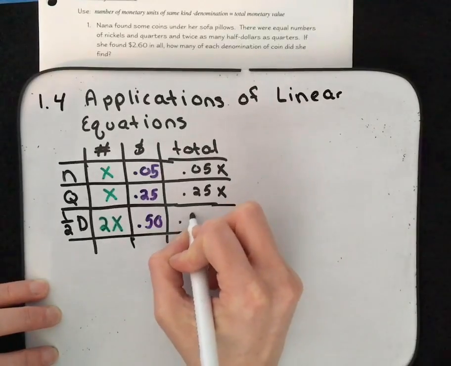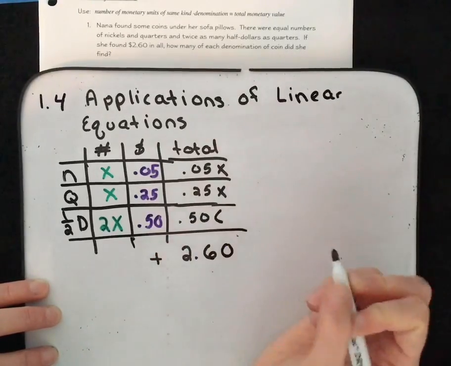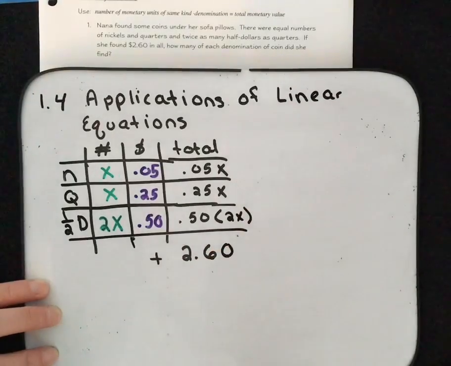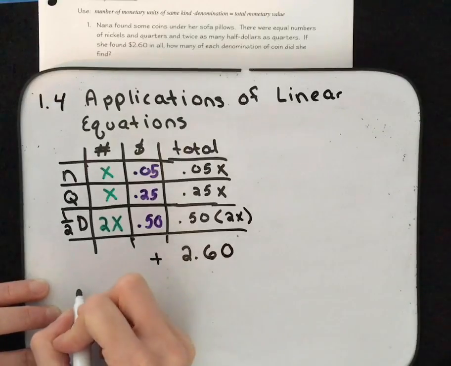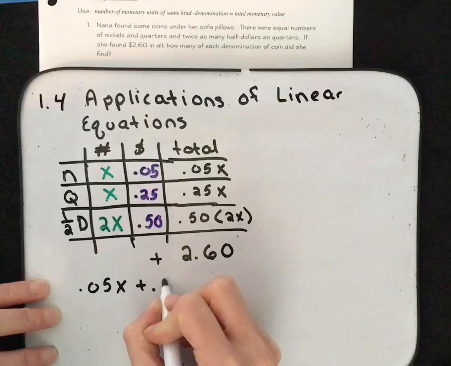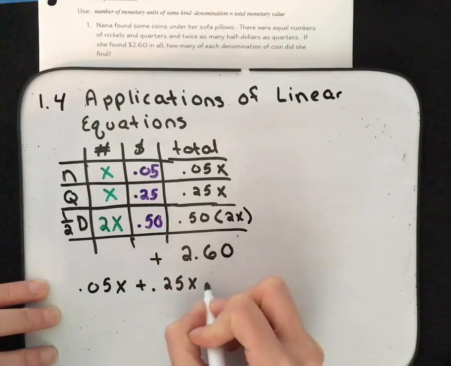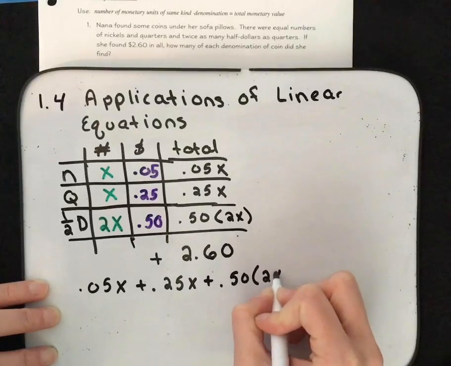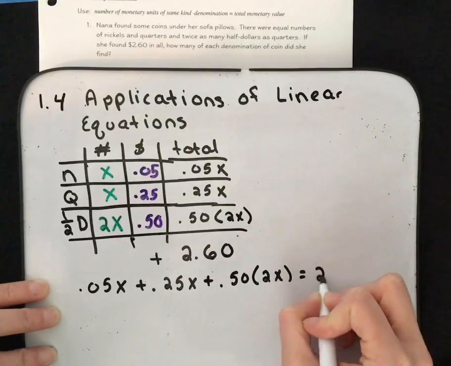And then 0.5, or 50 for 50 cents, times 2X will tell us how much we have for half-dollars. Now when I add these together, I need $2.60 as my total. So that's going to look like 0.05x plus 0.25x plus 0.5 times 2x equaling 260.